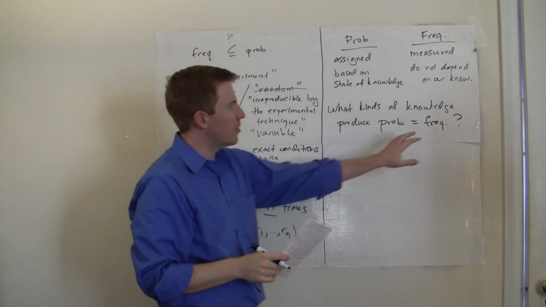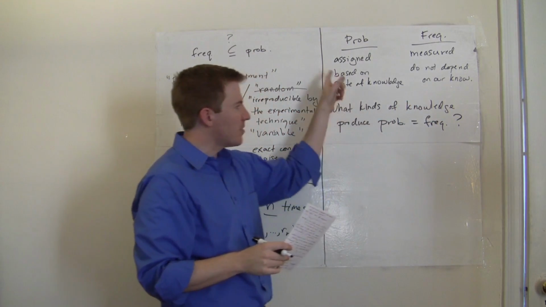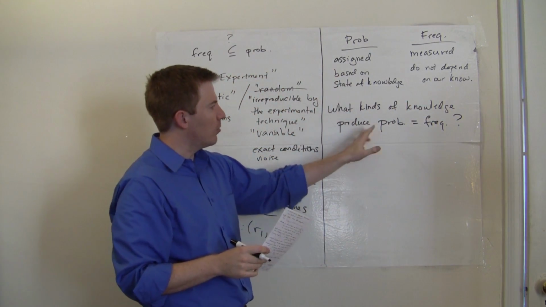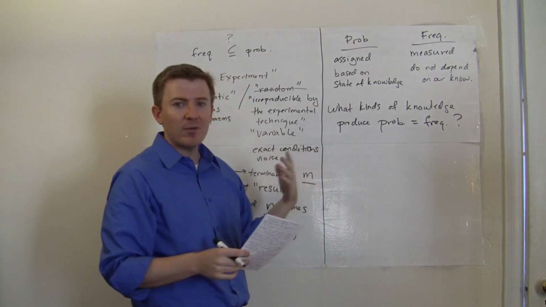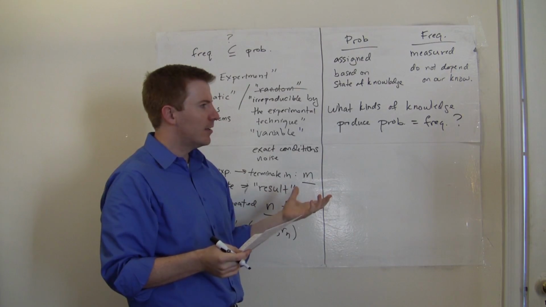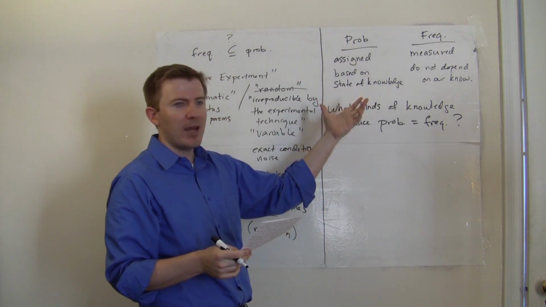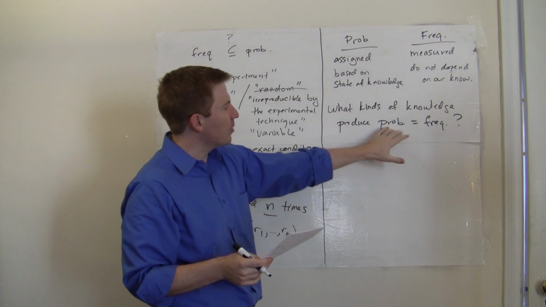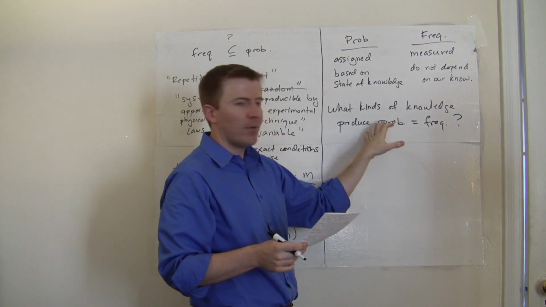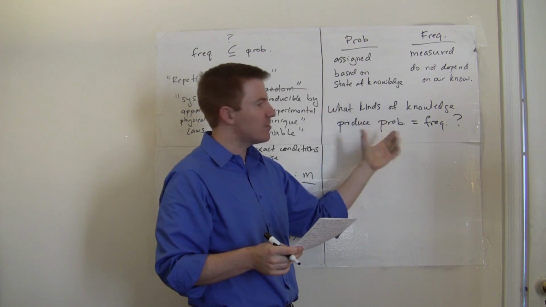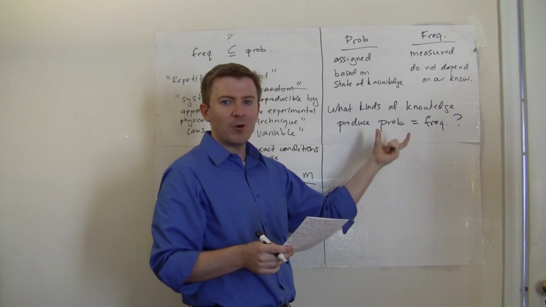Frequency is something we can measure, probability is something we can assign, and the question is, in what situations would these overlap? One big category that suggests itself right away is, if the only thing we knew about the experiment were the frequencies, then that's probably what our probability assignments would be, so it's natural to expect there would be a correspondence.